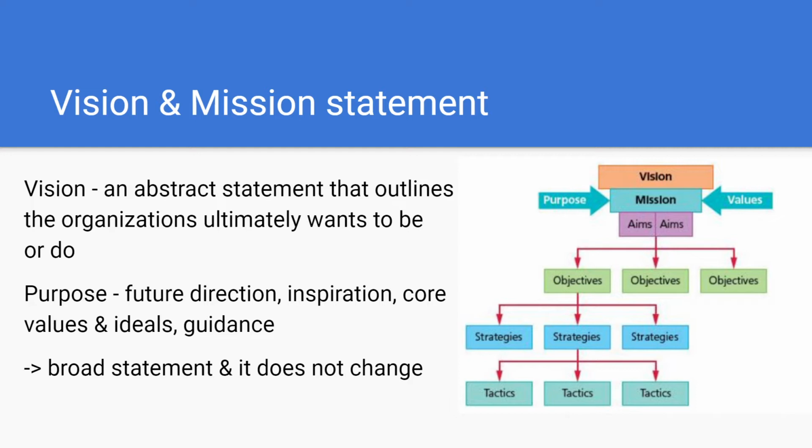It helps you remember this terminology. The vision statement is an abstract statement that outlines what the organization ultimately wants to be, or what the organization ultimately wants to do.